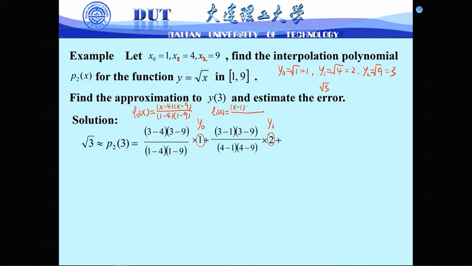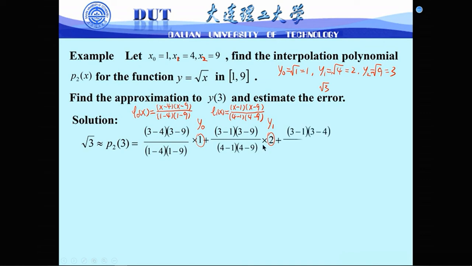So (x minus 1)(x minus 9) divided by replacing x by the node x1, which is 4: (4 minus 1)(4 minus 9). Same case, we need the function value at 3, so we substitute x by 3: (3 minus 1)(3 minus 9) divided by (4 minus 1)(4 minus 9), multiply 2. This is the second term.